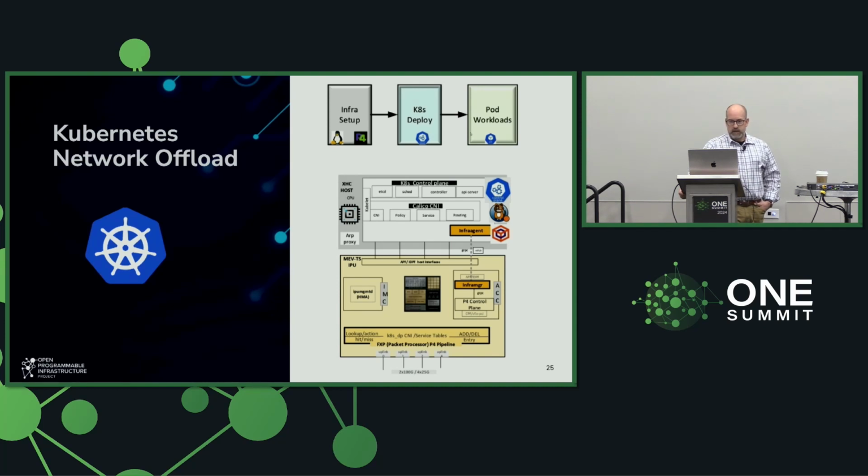Essentially, this is a Kubernetes network offload. How do we offload the processing of the Calico CNI?